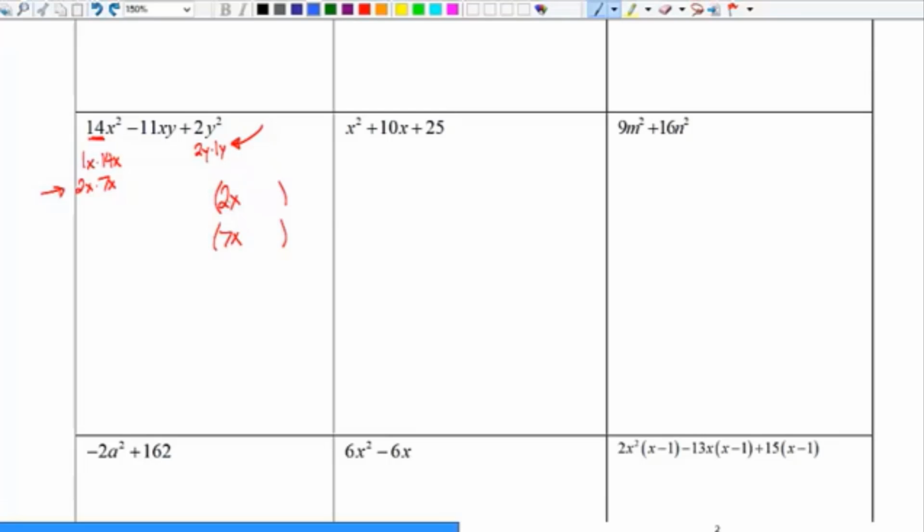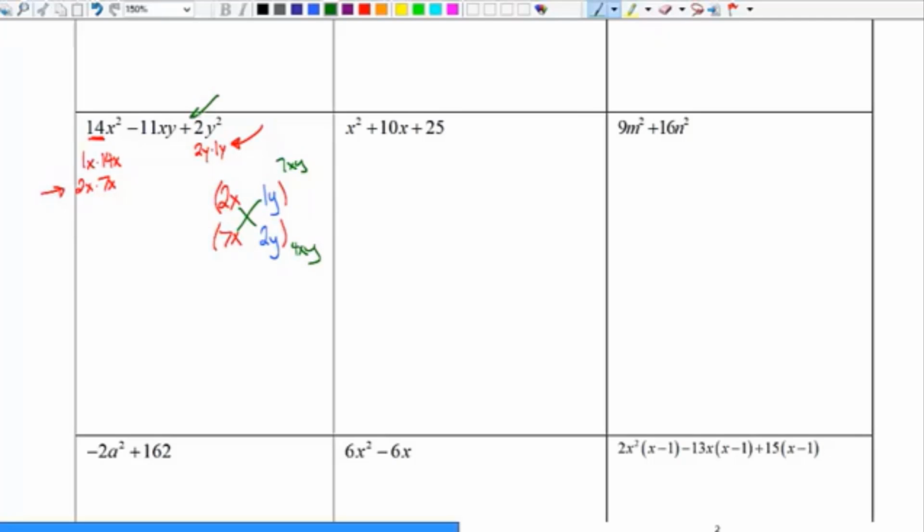And instead of putting the 2 next to the 2, I'm going to put the 2 across from it. That way nothing in the first parentheses or nothing in the second parentheses has a GCF. Now I'm going to go ahead and check that. The way I check that is to cross multiply. So I have 7xy and 4xy.